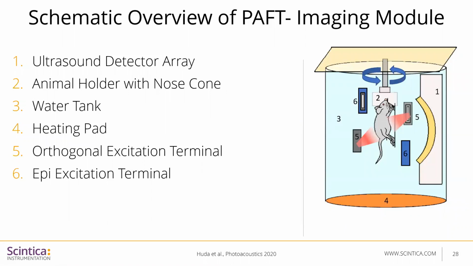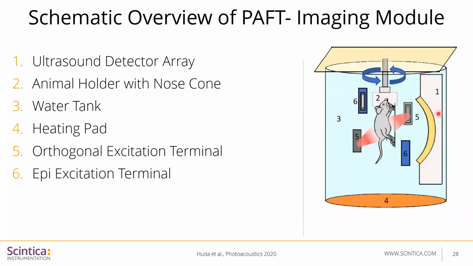Moving on to the imaging module, this is the schematic overview of the PAFT system. As you can see here, it has six different parts. The first part is the ultrasound detection array, which detects the ultrasound that is generated. The second part is the animal holder, where the animal is placed with a nose cone, and this nose cone is attached to the isoflurane chamber.